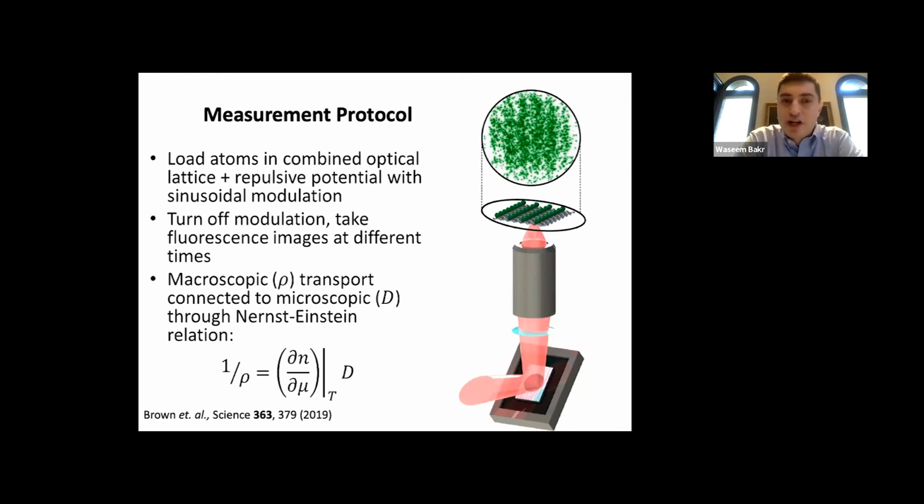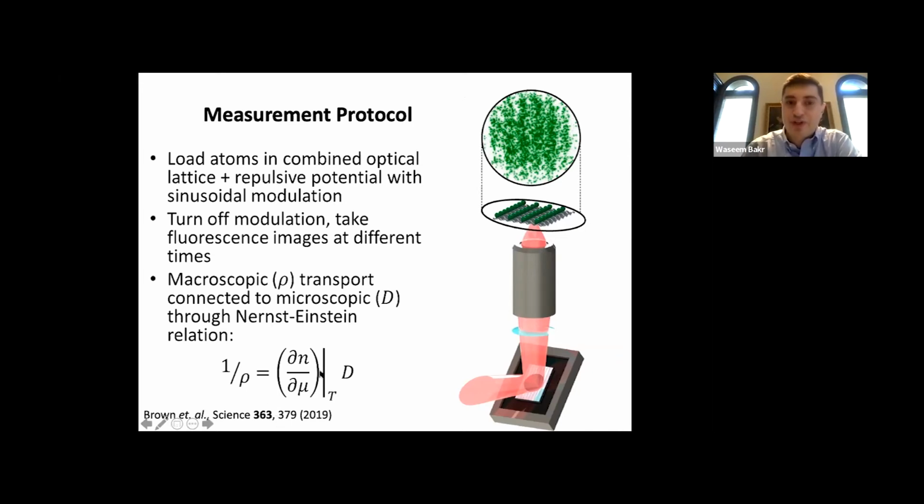And what we did here is we borrowed a relation from condensed matter. So we have this famous relationship called the Nernst-Einstein relationship. This tells you that the inverse of the resistivity, which is the conductivity of the system, is the product of two quantities. One of them is the diffusivity. This is a microscopic quantity of the system, how the particles diffuse around.